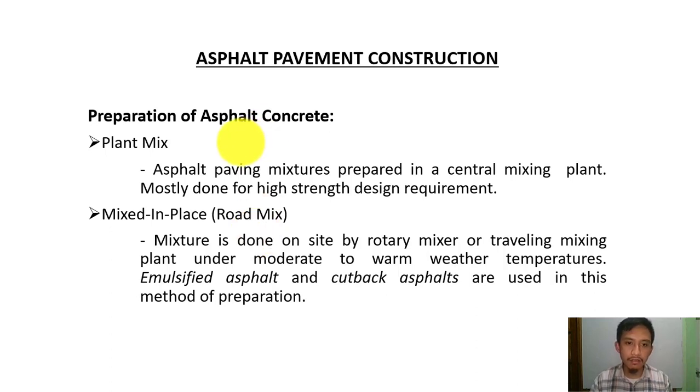Comparing the road mix on site to the controlled mixing plant, if you are targeting a high strength, we need to control the environment, so that should be done in a mixing plant.